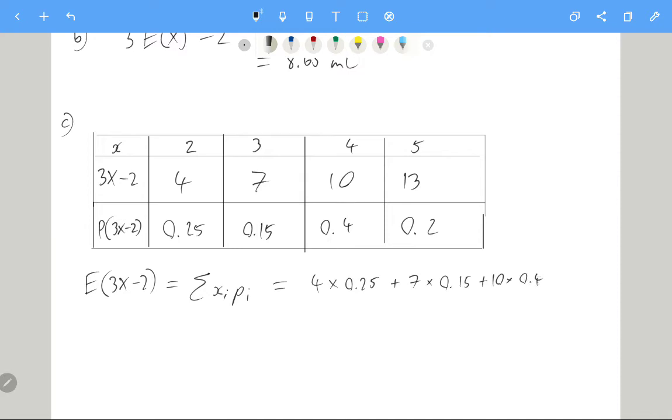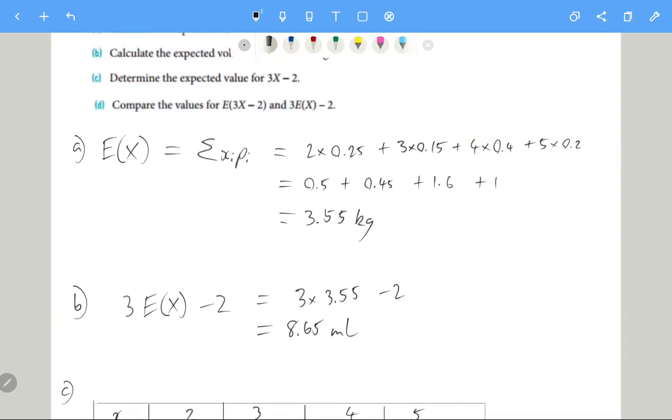And you can see I'm just reading them from the bottom 2 rows of the table. And if you add up all of these values, we are going to get the exact same answer as before, which is what part D is asking us to do.